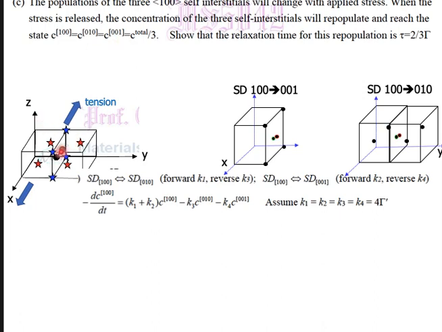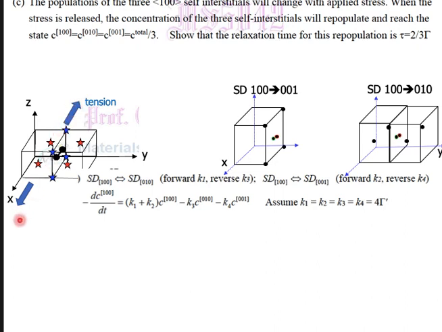As you learned before, I believe that was the last part in chapter 2. If an interstitial atom is inside the compressive region, then this interstitial will be pushed toward the tensile region.